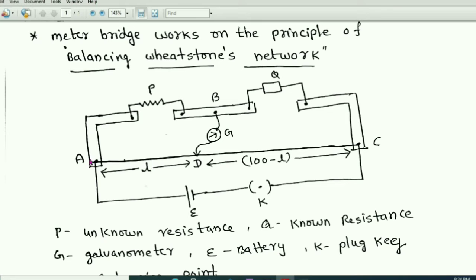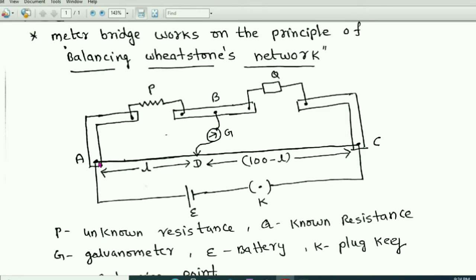As we move the jockey from A to C, the galvanometer reading changes continuously, and at a particular point it shows zero deflection, null deflection. That point is called the null deflection point.